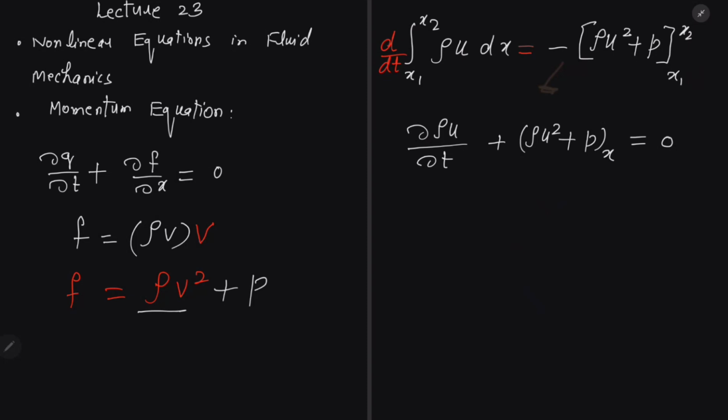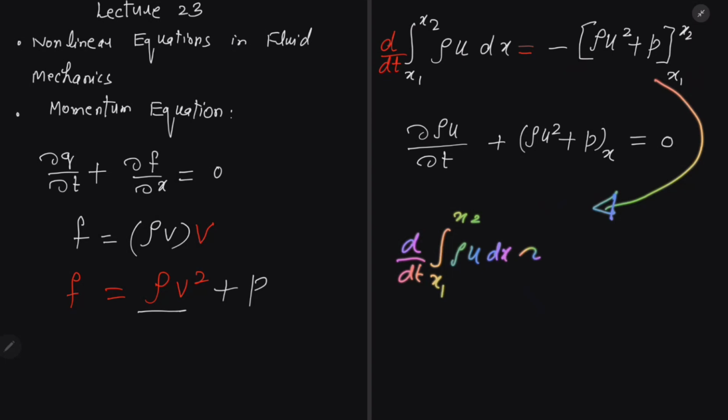We already did that: d by dt of the integral from x1 to x2 of rho u dx is equal to minus rho u square plus p at x2, plus the value at x1.